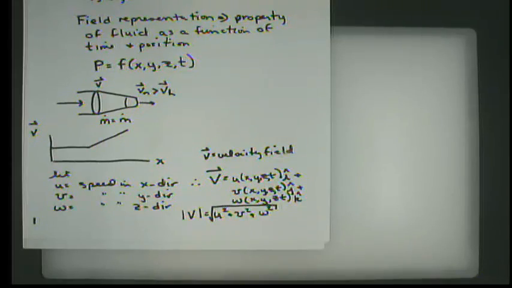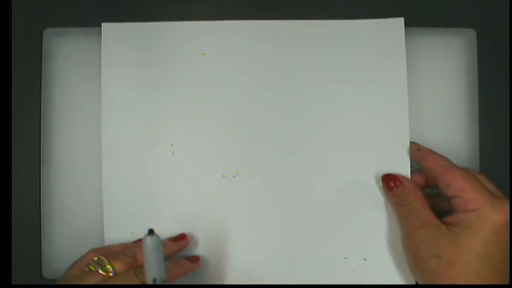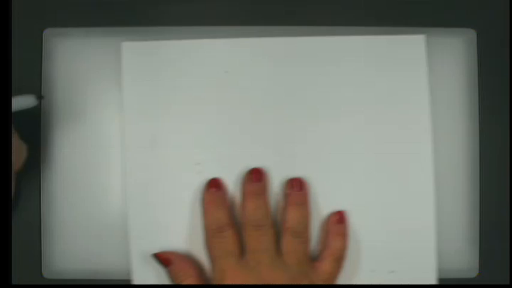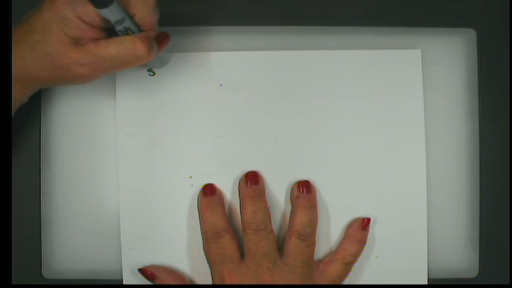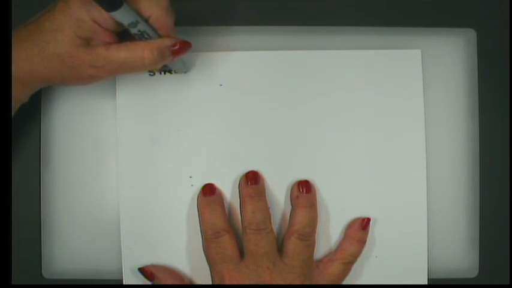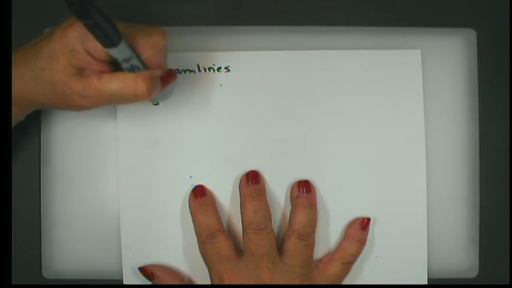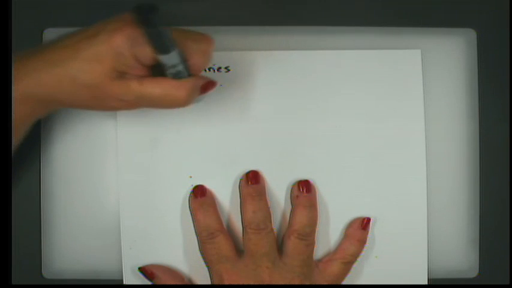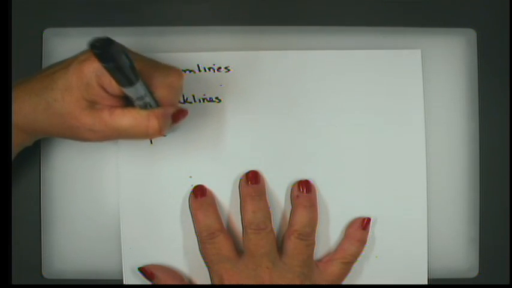All right, now there are three other concepts that I would like to introduce at this time, of which only one is really introduced in section 4.1. But these are ideas about how we examine fluids. We've talked a little bit about streamlines. We've not really talked about streak lines, and we've not really talked about path lines.